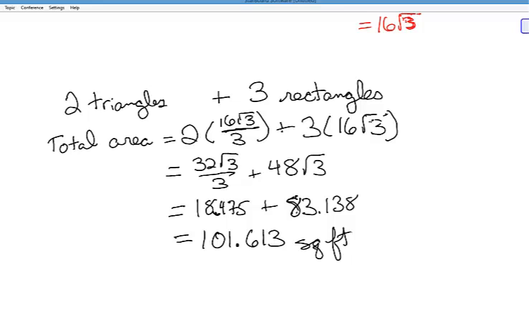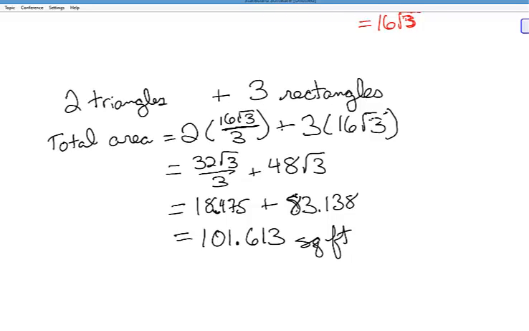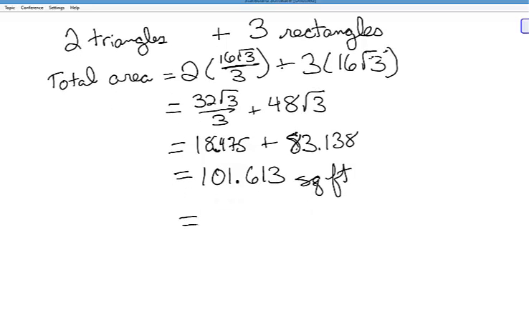If I'm not mistaken, it tells us to round to the nearest tenth on this. So the total amount of material that we will need for our project here is going to be 101.6 square feet.